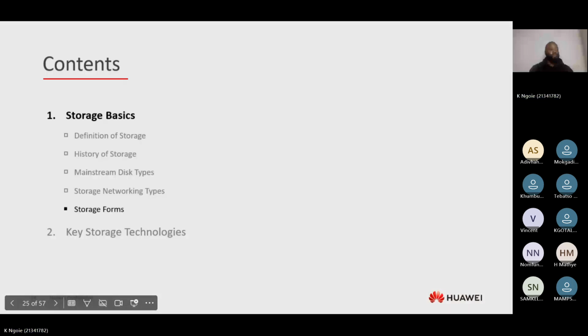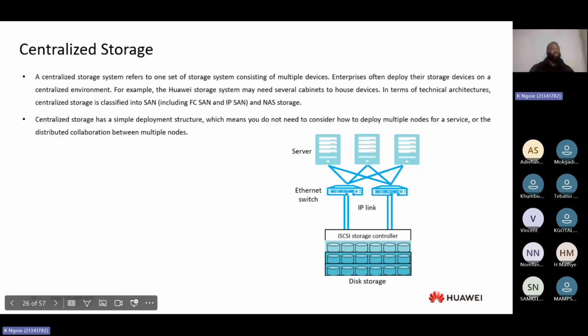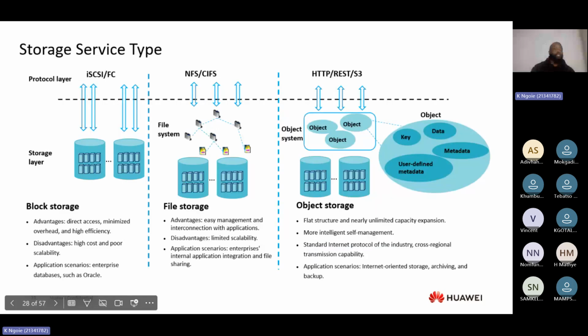Okay. All right. So the next thing will be the storage form. In terms of the storage form, we have different storage forms. We have a centralized storage form, distributed. All right.